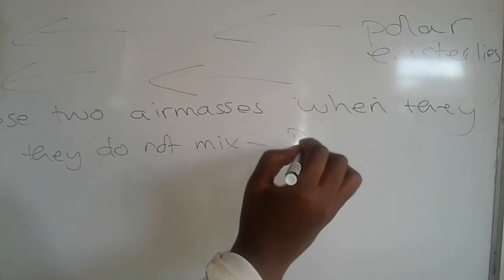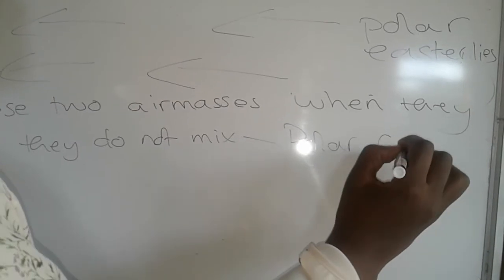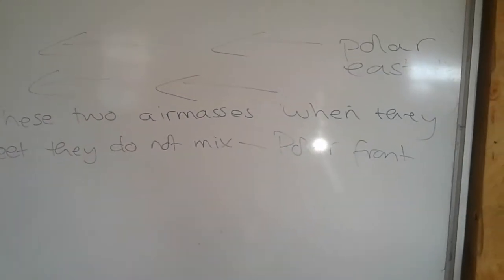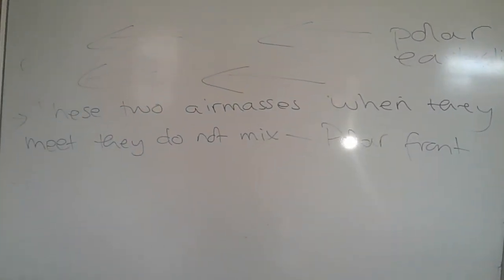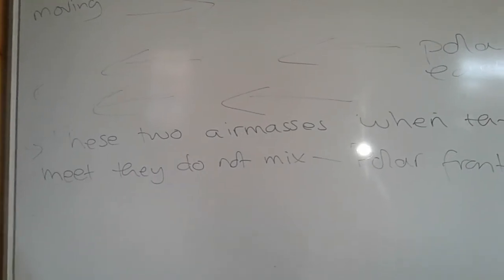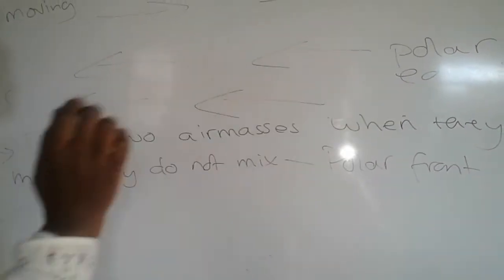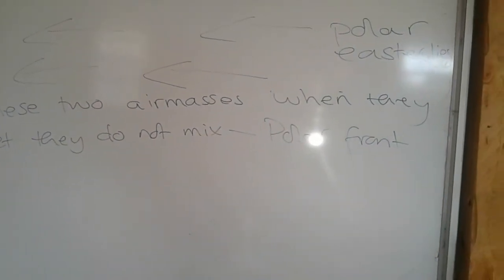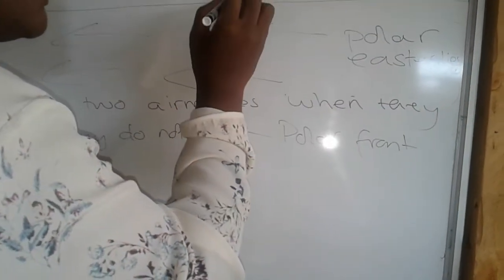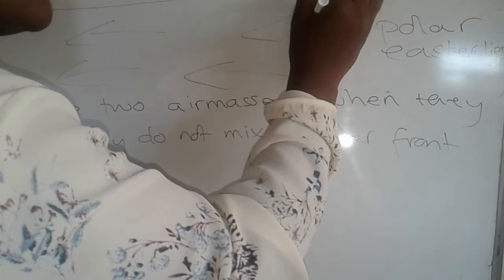Hence, they form a polar front because they have different characteristics. One is warmer, which is the westerlies, and it is less dense, and one is colder, which is the colder air. So here we have the polar front forming.